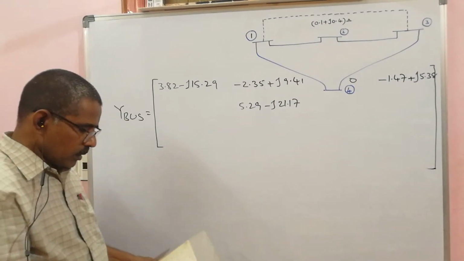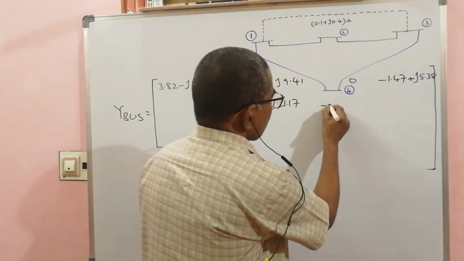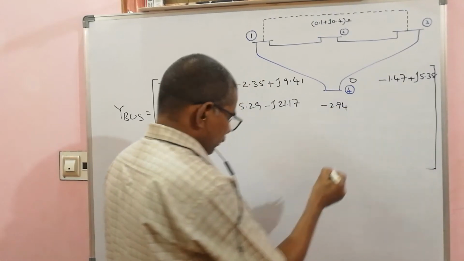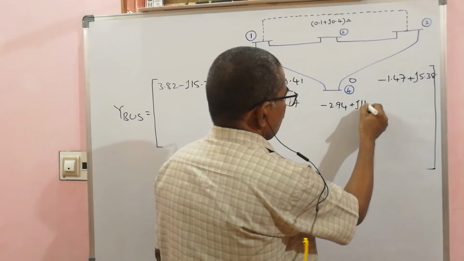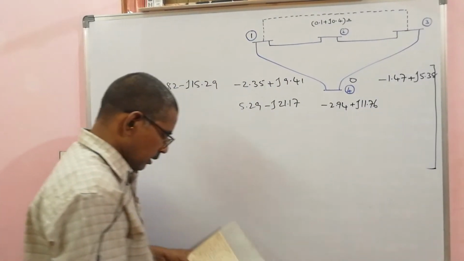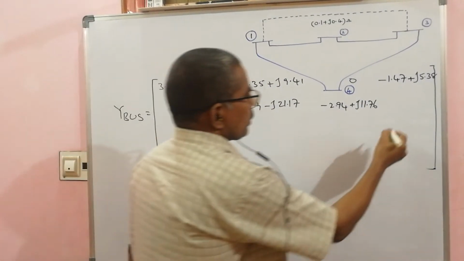Y23 is minus 2.94 plus j 11.76, and this is 0.